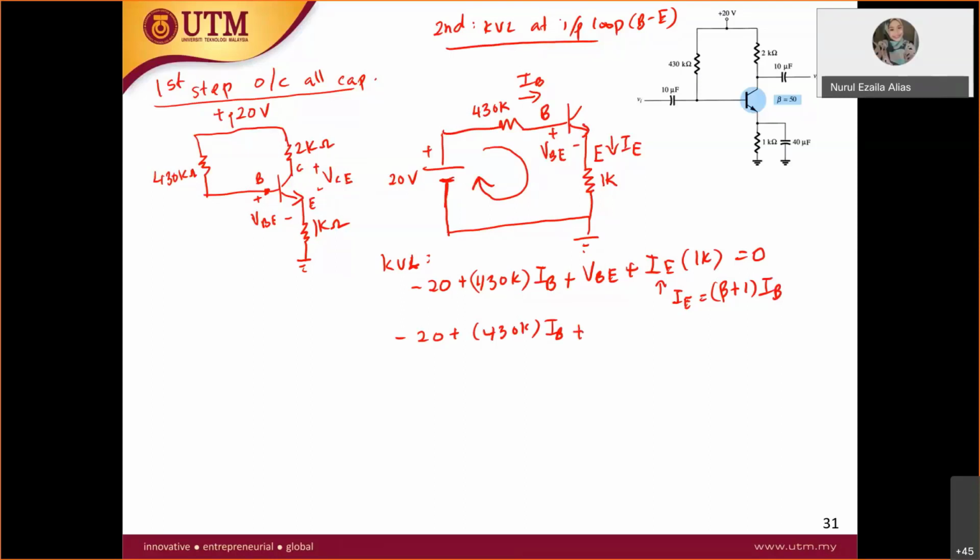Okay, so this is 0.7 plus IB times beta plus 1 times 1K equal to 0. Therefore, IB is equal to 20 minus 0.7 over 430K plus beta plus 1 times 1K. How much is beta?